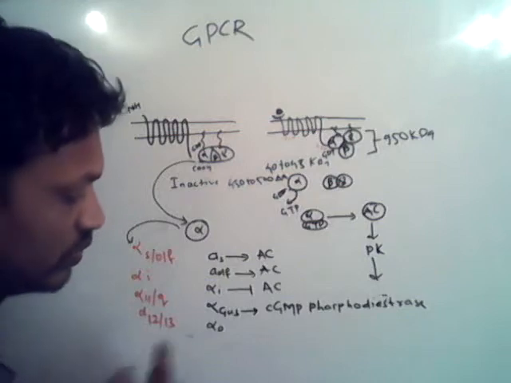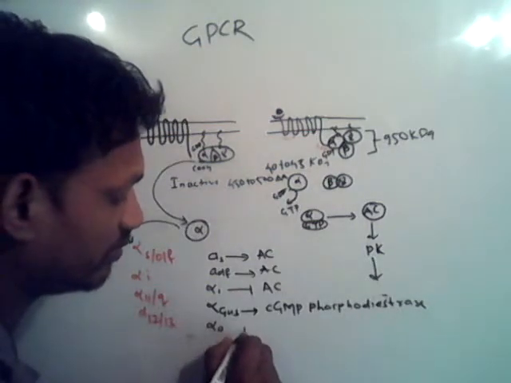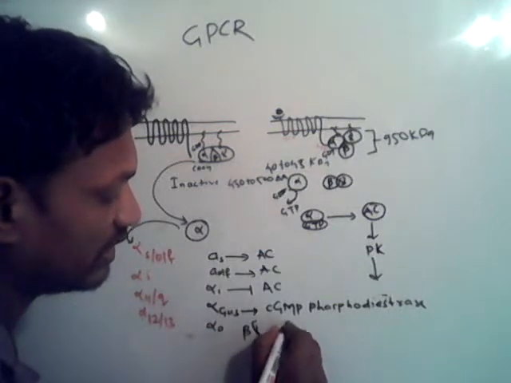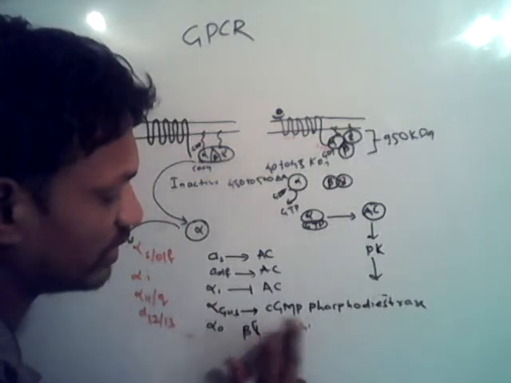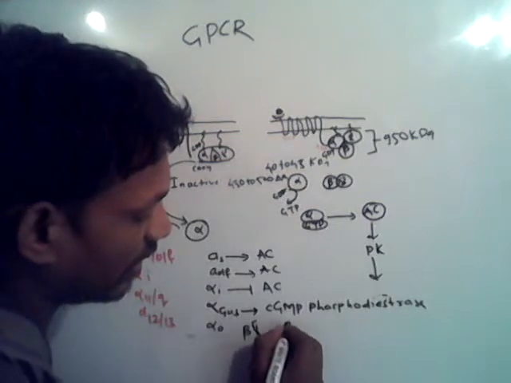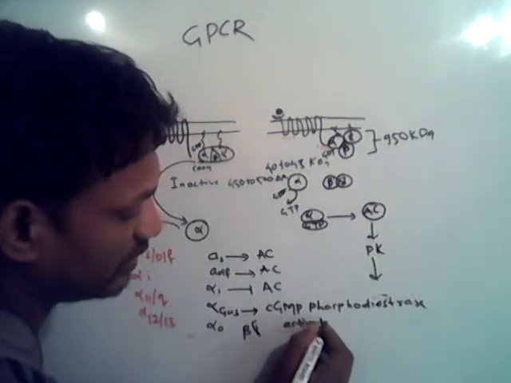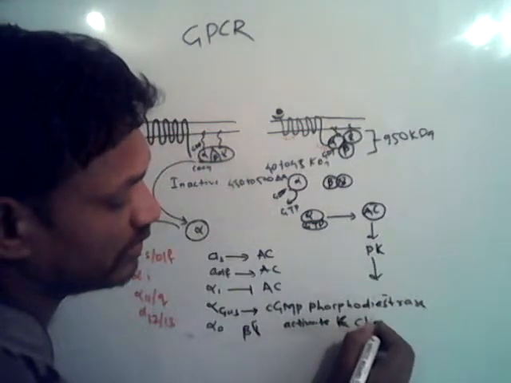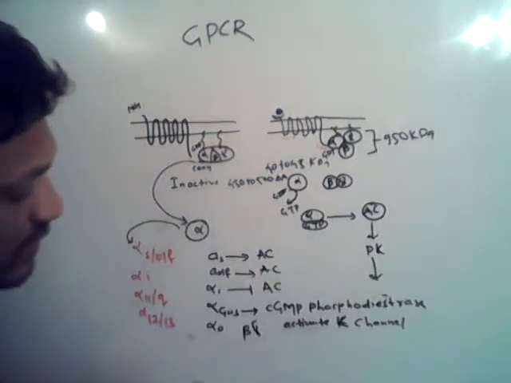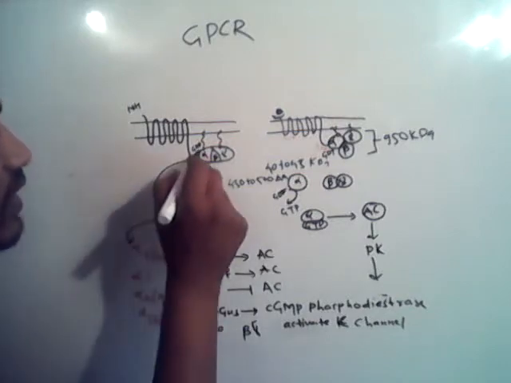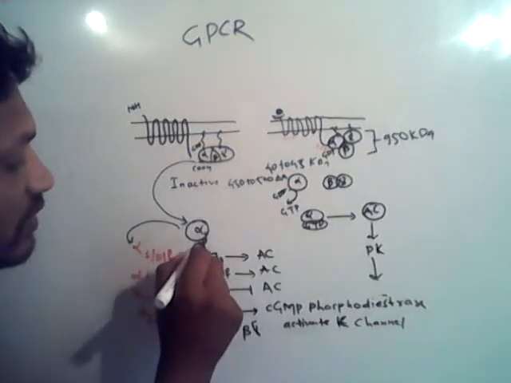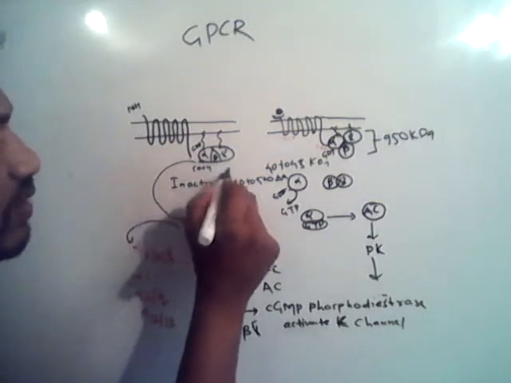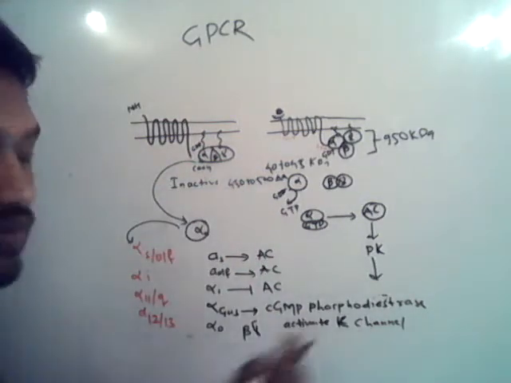If it contains alpha 0, this subunit beta and gamma in such a condition activate the potassium channel. In this case, if the alpha subunit is G alpha 0, then this beta subunit and gamma subunit activate the potassium channel.